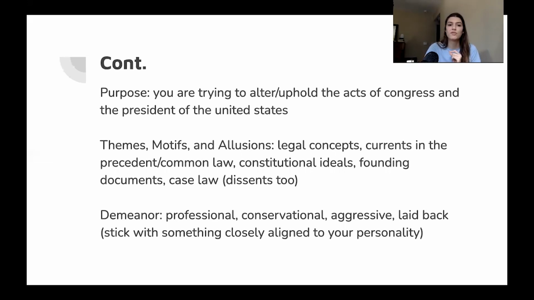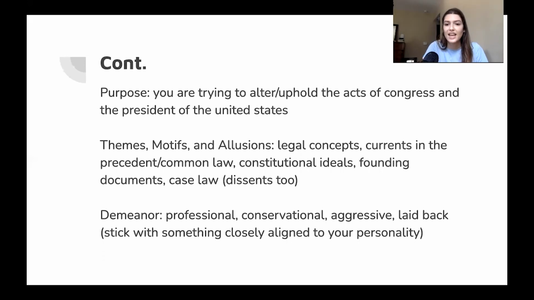It will provide flow for your argument if you have themes and motifs that you're going to be focusing on. It also creates a continuity of a thought pattern, which is easier to follow, especially since these are oral arguments. Your justices don't get a structure of what you're going to be saying before you say it, before you present your roadmap. So these things are very important.